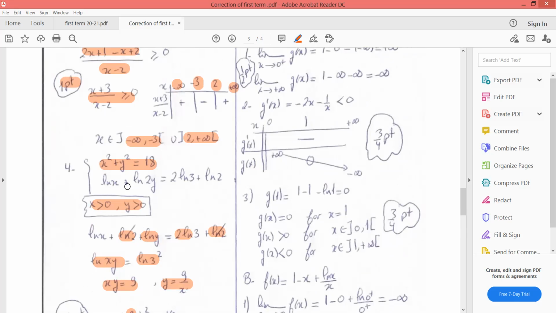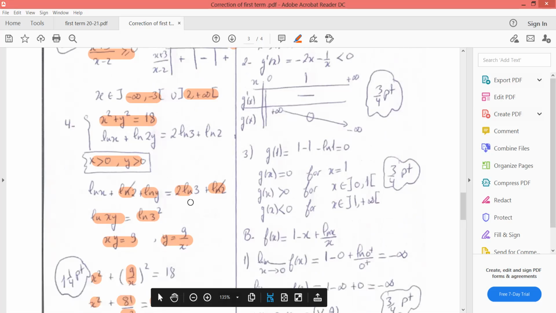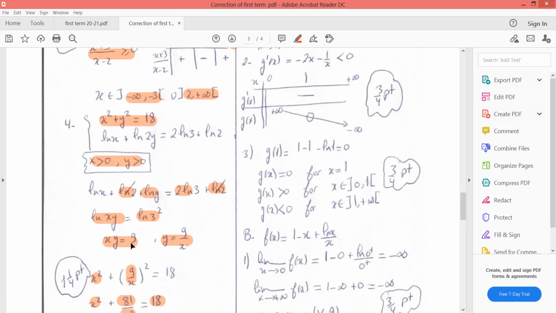To remove the ln, I put ln 2y first. ln of a times b is ln a + ln b, so ln 2 + ln y equals ln 3 + ln 2. ln 2 and ln 2 cancel. ln x + ln y becomes ln xy equals ln 3 squared. Removing ln with ln, then xy = 9. So here I get two equations, xy = 9 and x squared + y squared = 18.